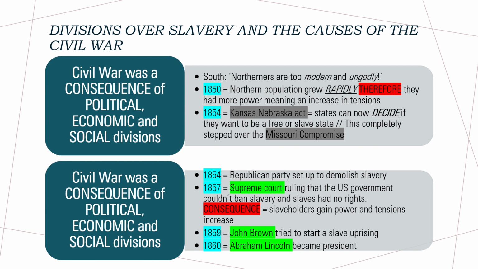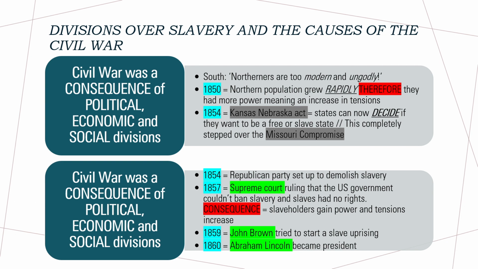So if a free state was added, a slave state would also have to be added, and vice versa. But this Kansas-Nebraska Act completely stepped over the Missouri Compromise. So an exam tip for you, if you're talking about the Missouri Compromise, it's worth mentioning that it's limited and not very significant because of the Kansas-Nebraska Act, which followed it.